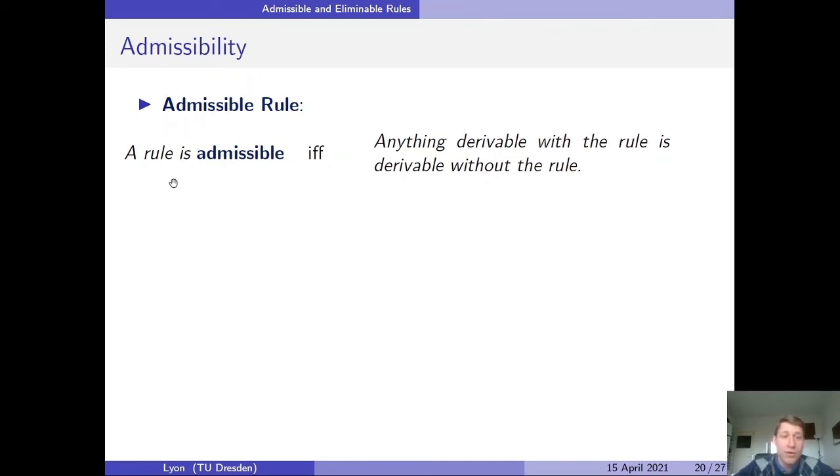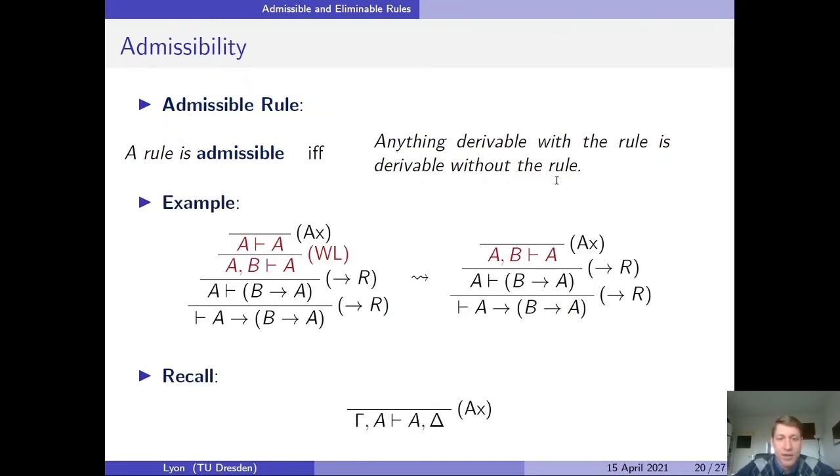So again, a rule is admissible if and only if anything derivable with the rule is derivable without the rule. And it turns out that our weakening and contraction rules are admissible. In particular, we're going to look at an example of weakening left being admissible with respect to this derivation.